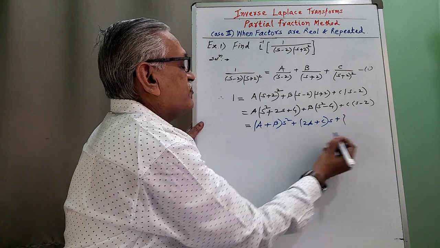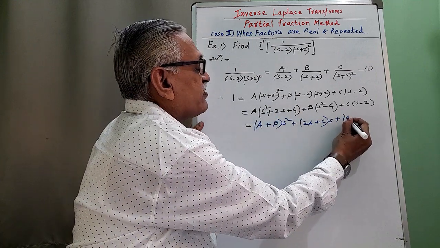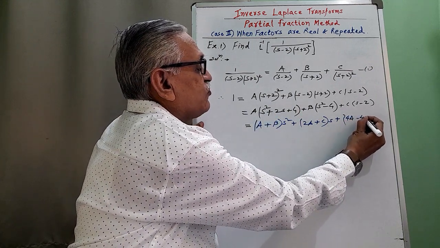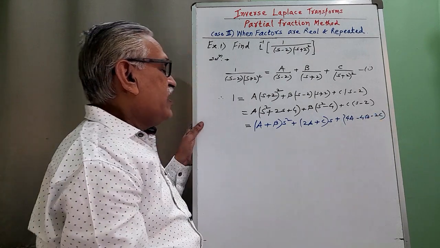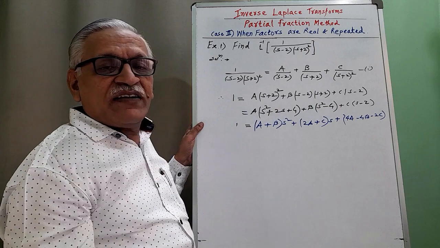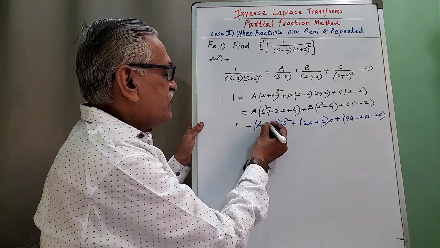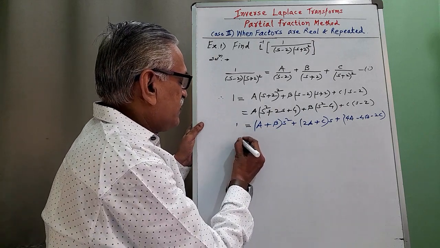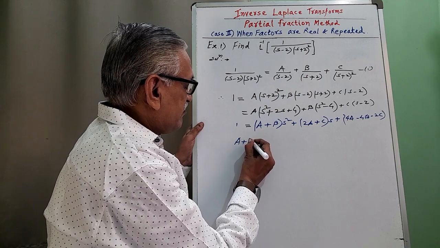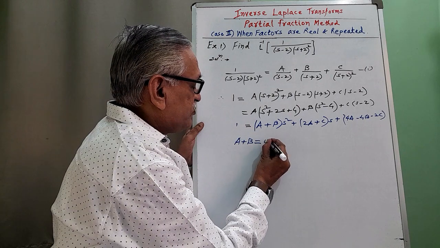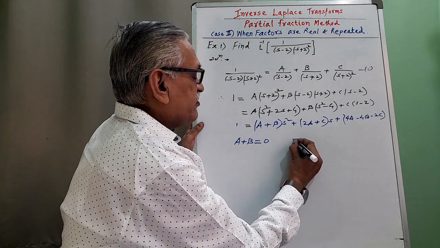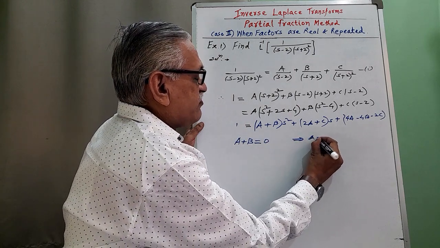And then constant terms are 4A minus 4B and minus 2C, and that is equal to 1. Then comparing two sides, the coefficient of s square is A plus B, and there is no term of s square, therefore its coefficient is 0. It implies we get the value of A as minus B.